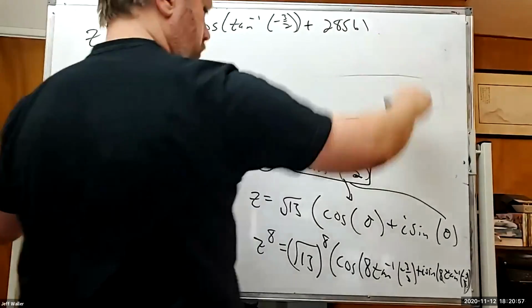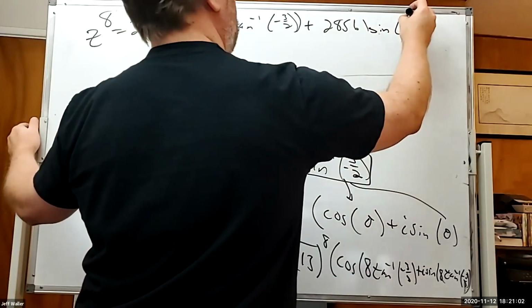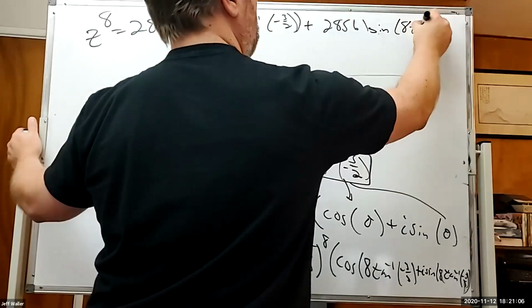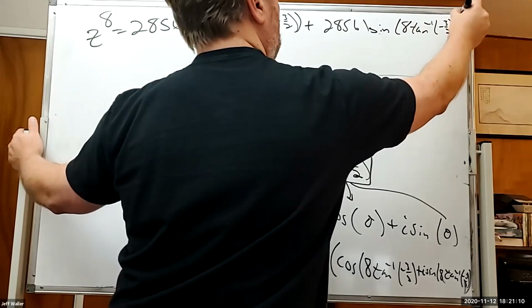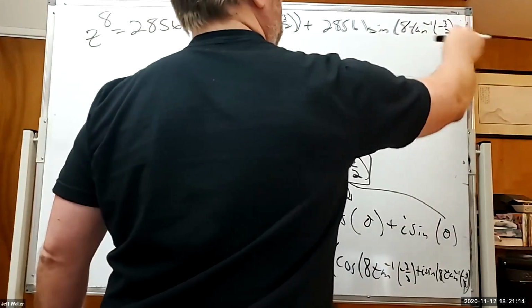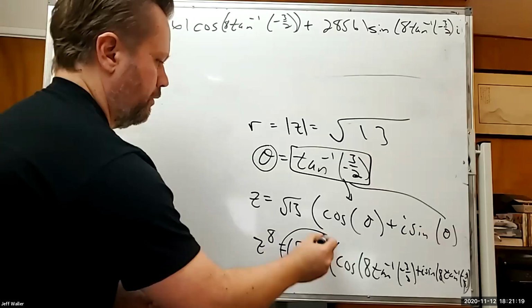Sine of, did I forget my 8? I keep forgetting my poor little 8. Do we need the last thing? No, because I distributed. So all I did was take this big number and distribute it.